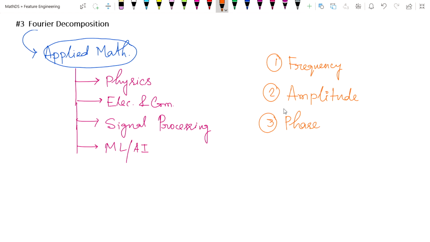First let's try to understand through an example. Suppose I have taken the heartbeat. All of you know that the human heartbeat is 60 to 100 beats per minute, depending on the person.